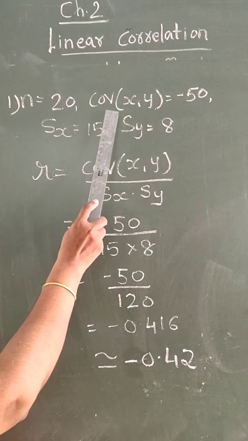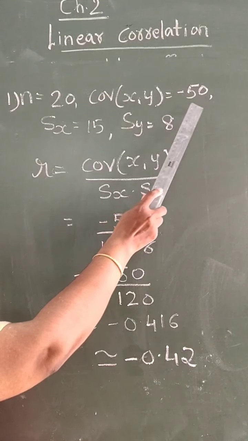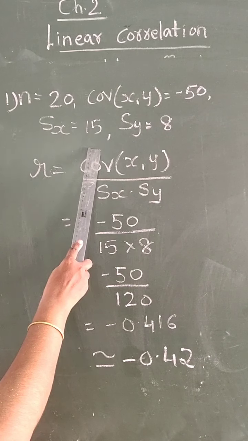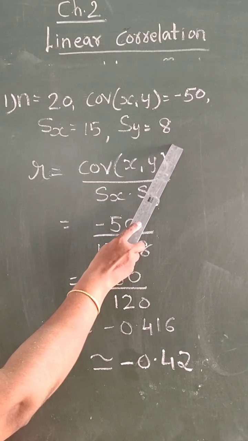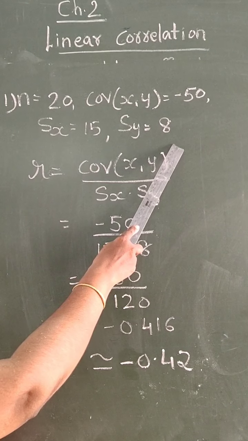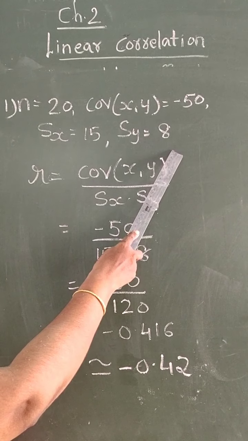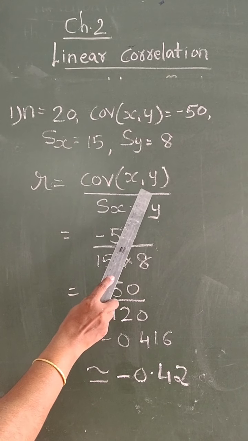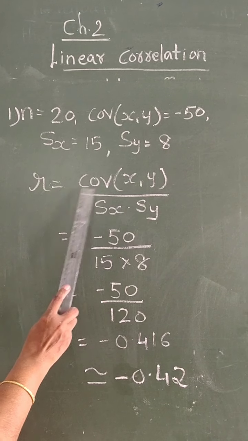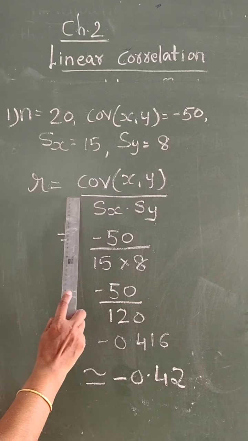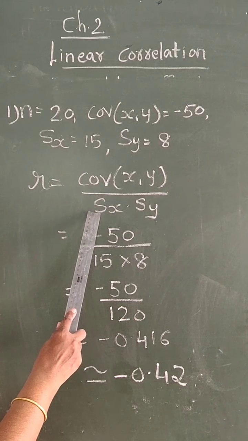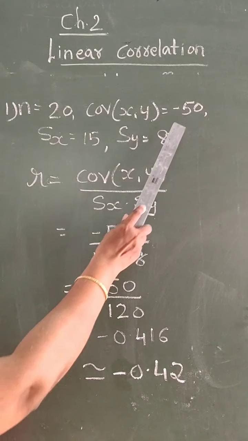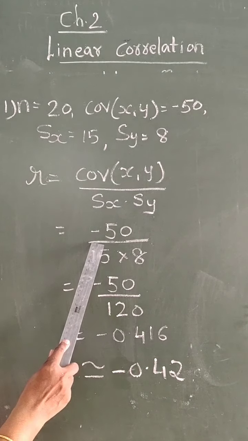N is 20, covariance of x and y is minus 50, standard deviation of x 15, standard deviation of y 8, and we have to calculate correlation coefficient. Now when covariance is given, we use the formula for covariance. R equals to covariance x and y divided by standard deviation of x into standard deviation of y. Covariance xy given to you minus 50.